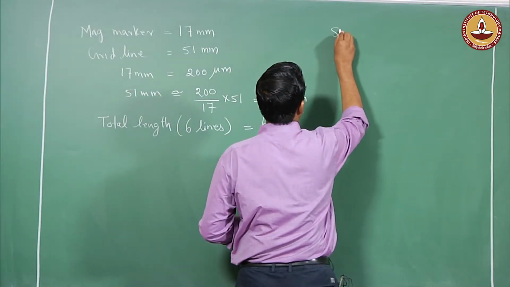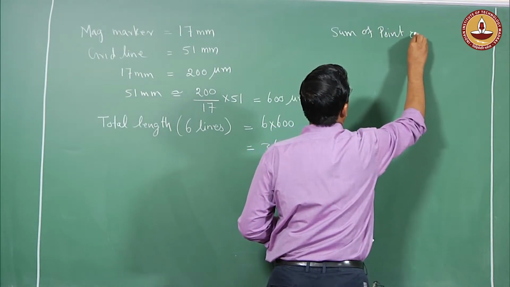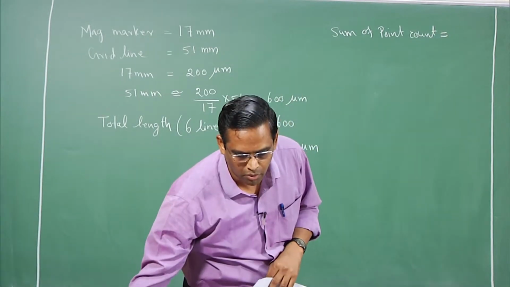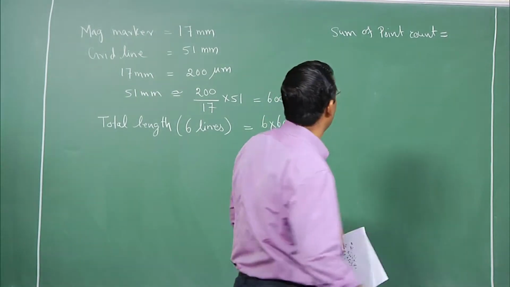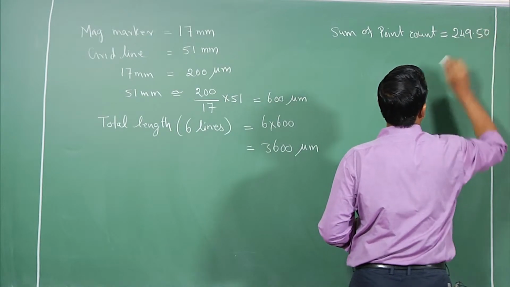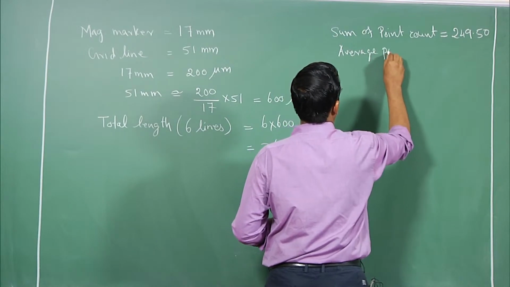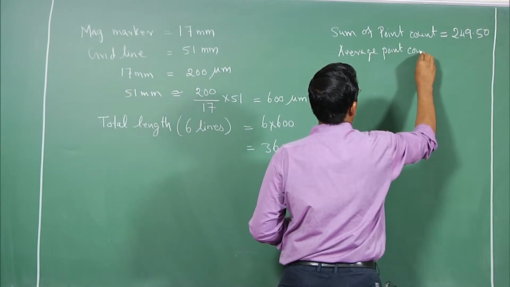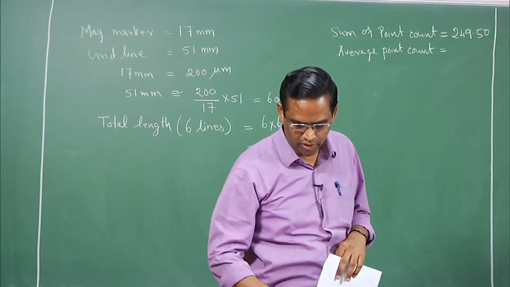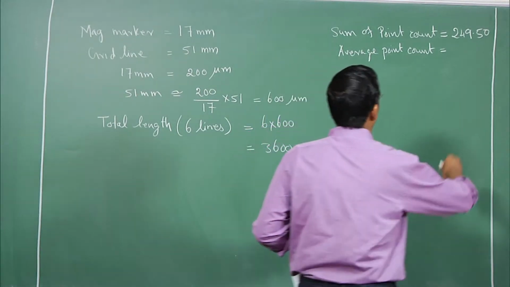the sum of point count is about 249.5. So, the average point count, we have about 42 events, so this divided by 42, you will get about 5.94.